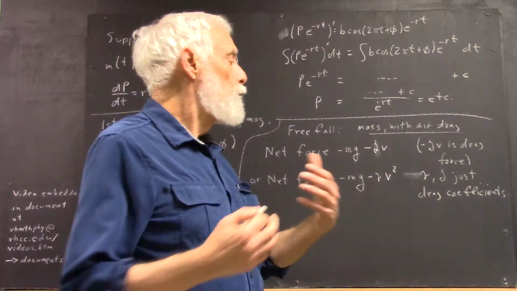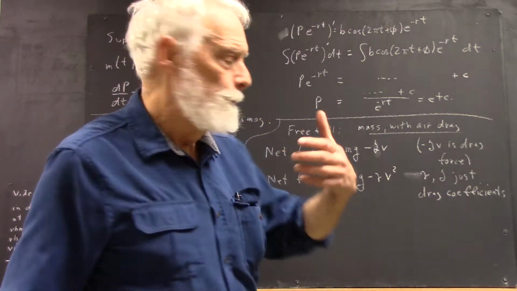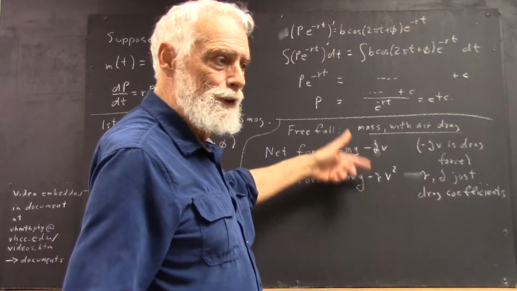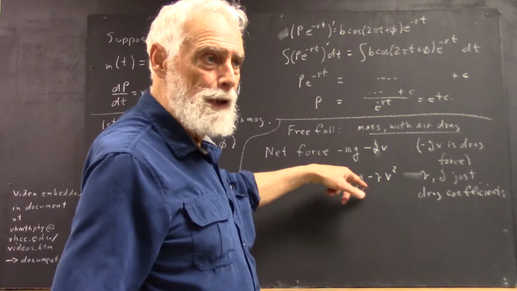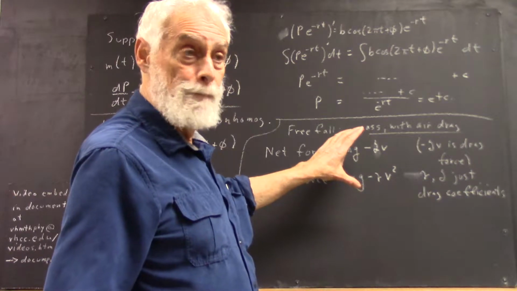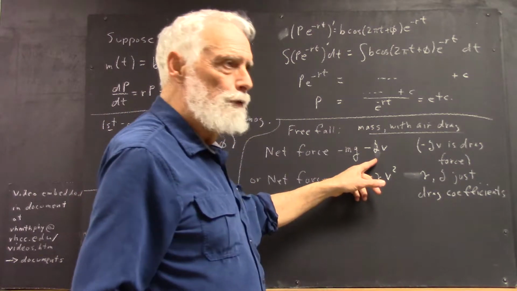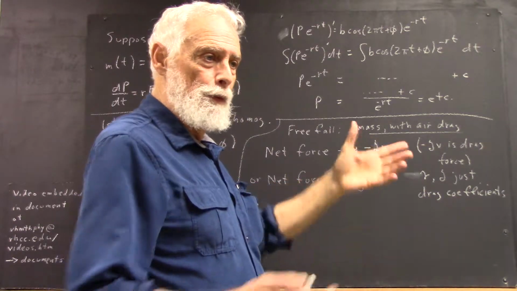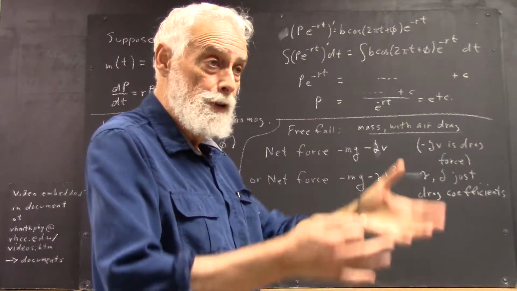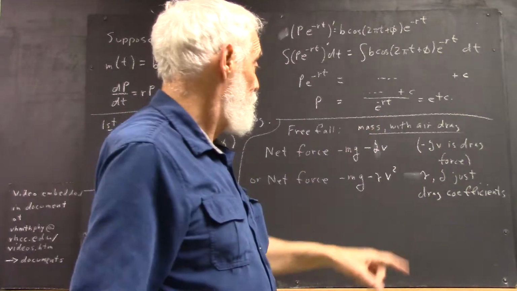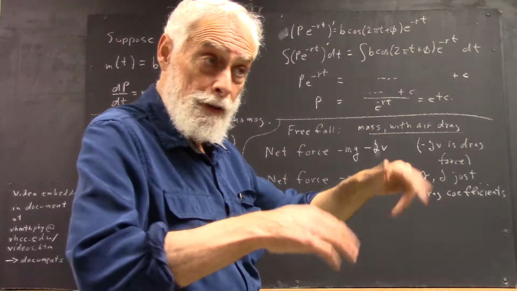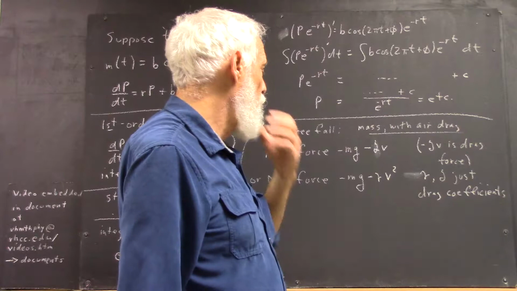And in the real world, things are a little bit more complicated than these simple models, but these models work pretty well. Okay, these are the first order effects that you get if you have what's called laminar flow, where the air just kind of flows around the object smoothly, or turbulent flow, where you get some turbulence.